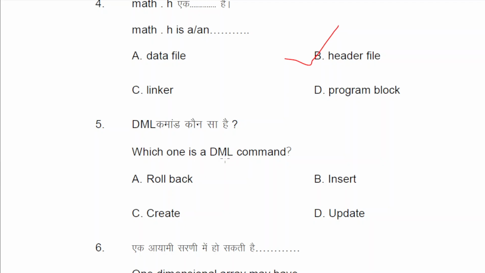Which one is the DML command? We have different kinds of commands: DDL, DML, DCL, DQL, and TCL. DDL we mainly use when we are changing the structure of a table, like creating the table, altering the structure of the table, or dropping the table.